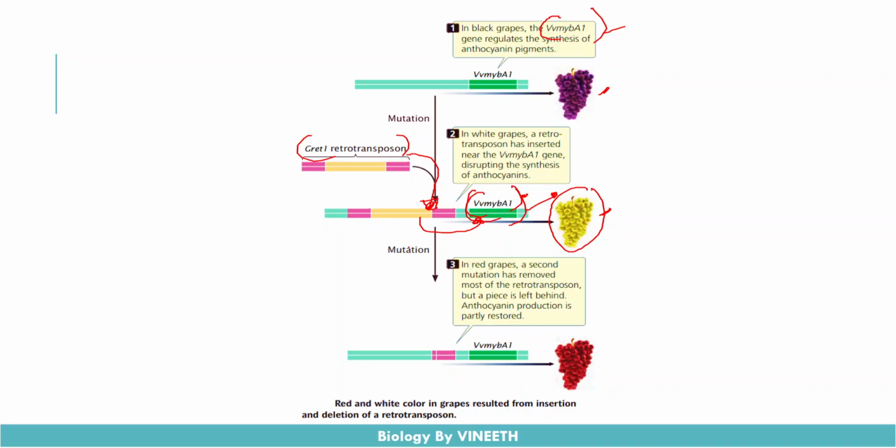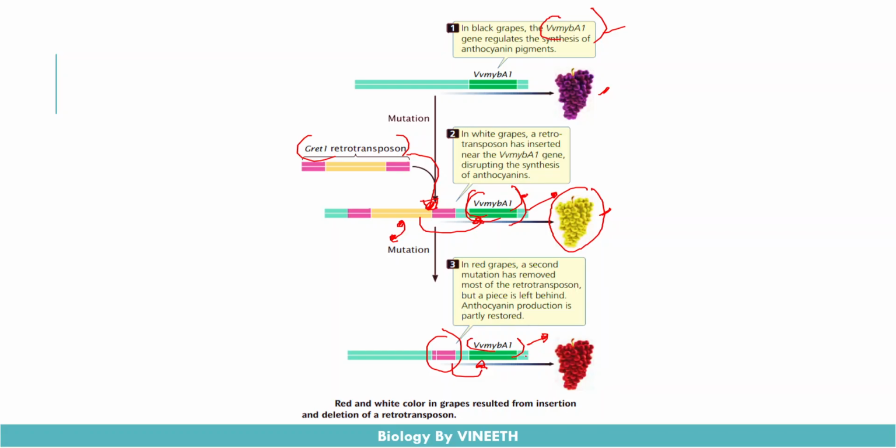And if the mutation is reversed, when the retrotransposon exits out of this site, it leaves some part of the retrotransposon behind, which will also regulate the activity of the VvMYBA1 gene, which is involved in purple anthocyanin pigment production.